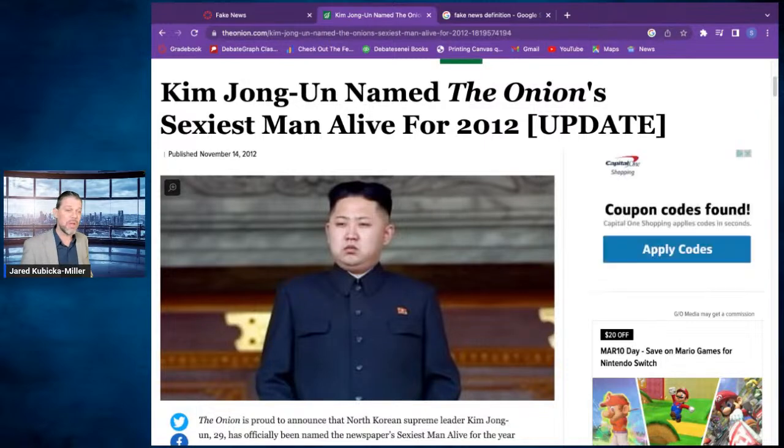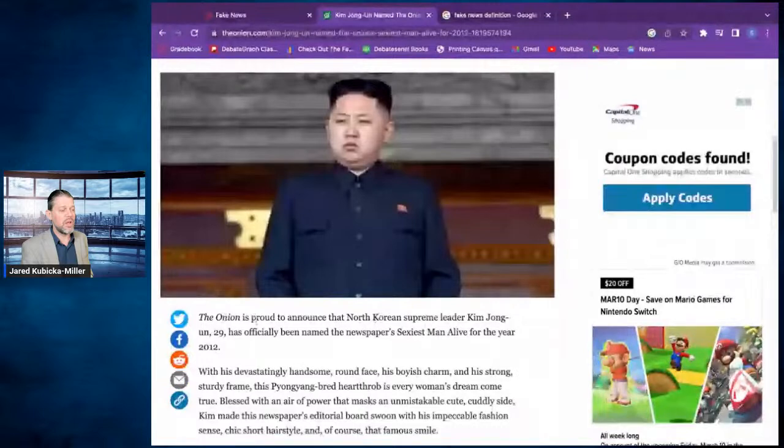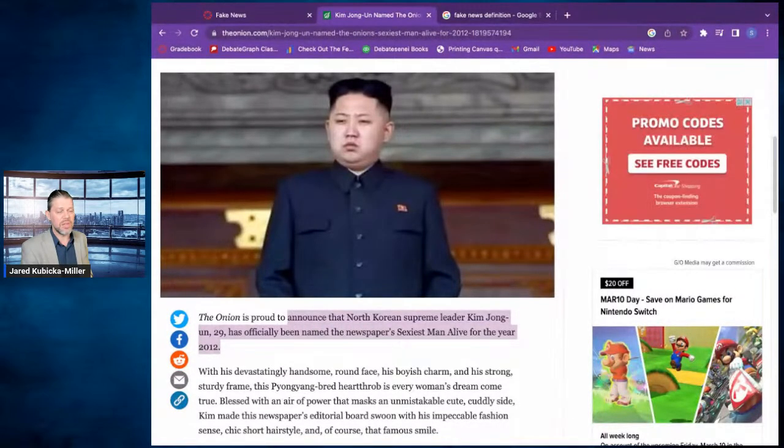It depends on your definition, right? Does your definition include satire or does it not? And if it does, then you're like, this is clearly fake news, because The Onion is kind of making fun of the idea of naming anyone sexiest man alive, because would you ever name the dictator of North Korea sexiest man alive?